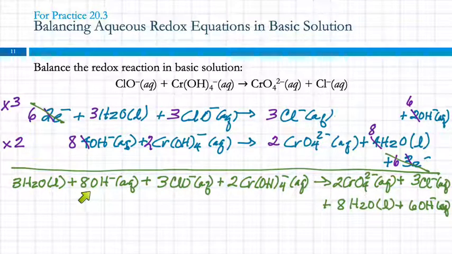I've got 8 hydroxides on this side and 6 hydroxides on that side. So if I subtract 6 hydroxides from both, that gives me 2 hydroxides over here. I have 3 water molecules and 8 water molecules.